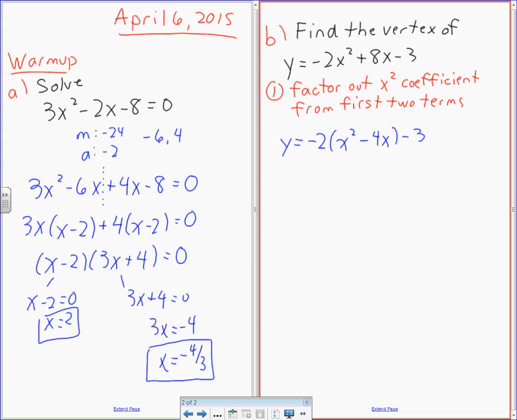All right, Maya, can you recite from memory or from your notes, step 2, please. Complete the square, calculate the x coefficient squared.